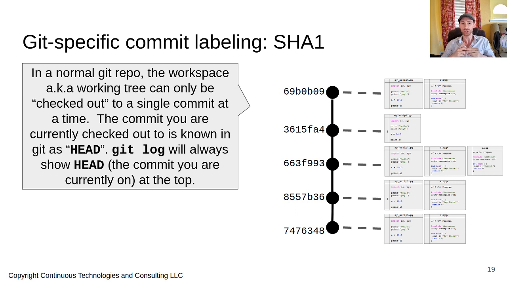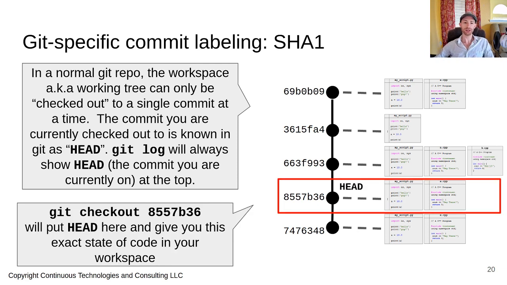The commit that you're currently checked out to is known in Git as HEAD, all capitals. And when you run the git log command, it will always show the HEAD commit at the top. That's why it's called HEAD. So for example, if we ran the command git checkout 8557b36, that will put HEAD here at this exact location with these file states in the workspace.